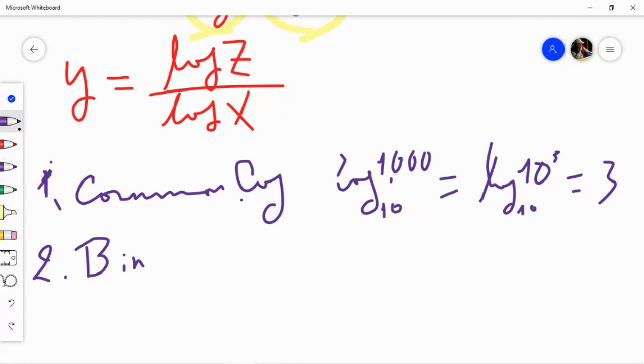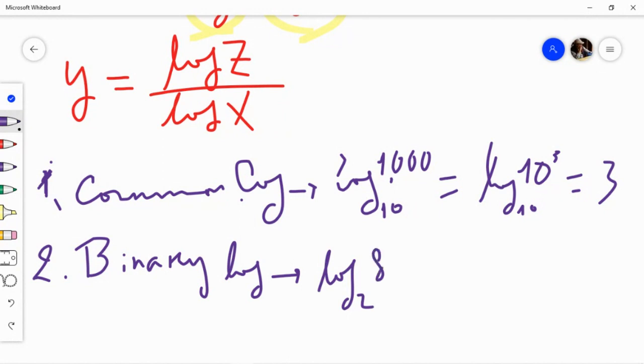Now, the second type of log is binary log, and binary log is using 2 as the base. So if 2 is the base, again, numbers like this are not that difficult, right? That will be log base 2 of 2 raised to the third power, and that will be 3.